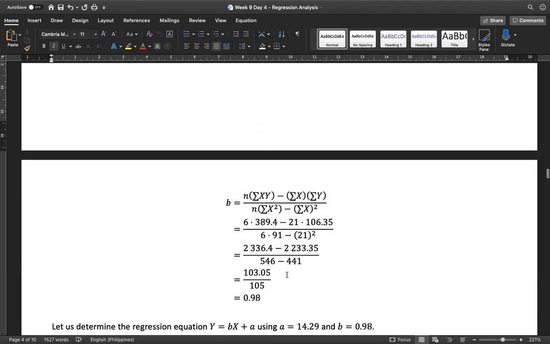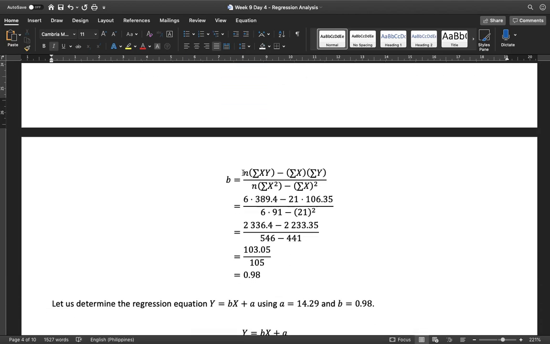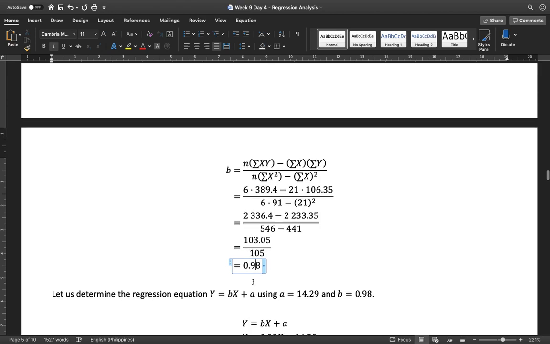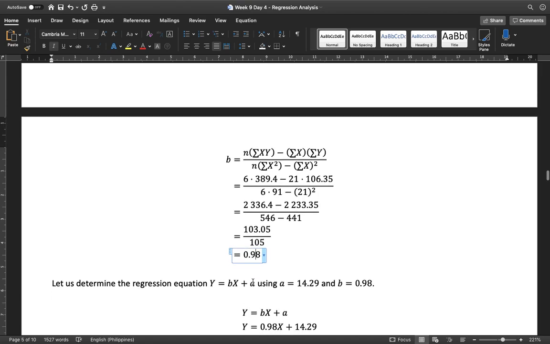For B naman, the formula is n times summation of xy minus summation of x times summation of y all over n times summation of x squared minus the square of summation of x. Substitute the given values, we get 0.98. So, anong gagawin natin dito?